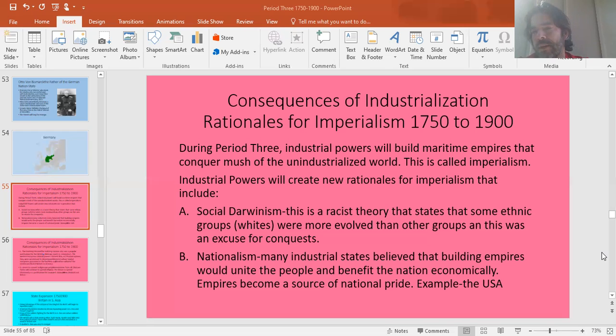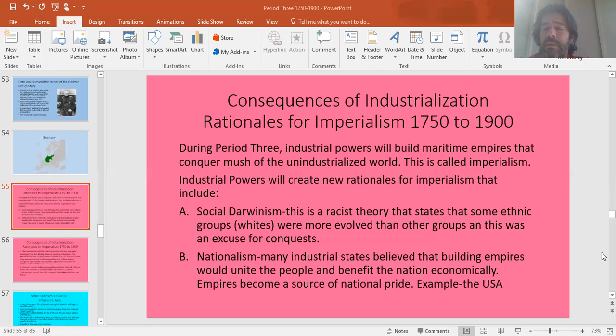Places that had never been a colony before are going to become a colony, and this is called imperialism. I would underline that word. I would highlight that word in your notes. We're going to talk about imperialism for basically the rest of this month. So imperialism is the process of the industrialized powers conquering the unindustrialized parts of the world.